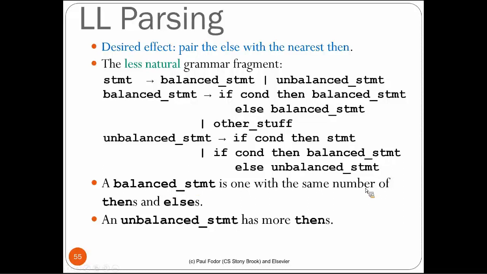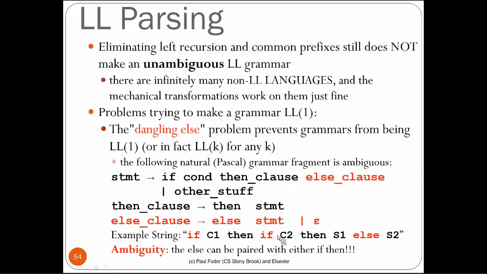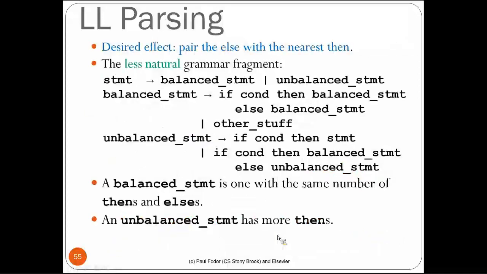A balanced statement has the same number of thens and elses, and an unbalanced statement has more thens than elses. If you try to build the parse tree, which would require a whiteboard, you can see that this grammar would parse that previous string in an unambiguous way. It basically parses the fact that the else belongs to the nearest if statement.